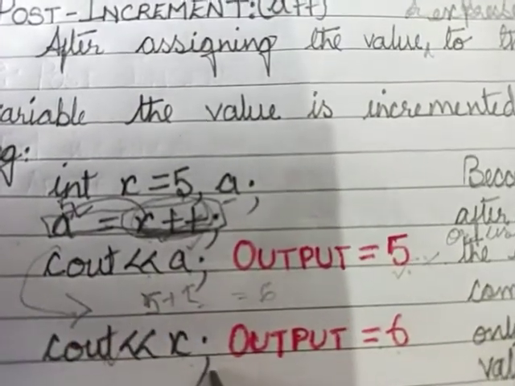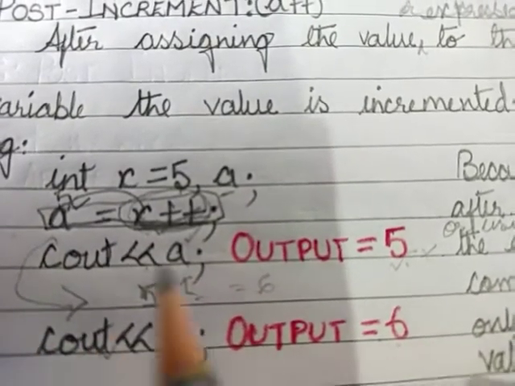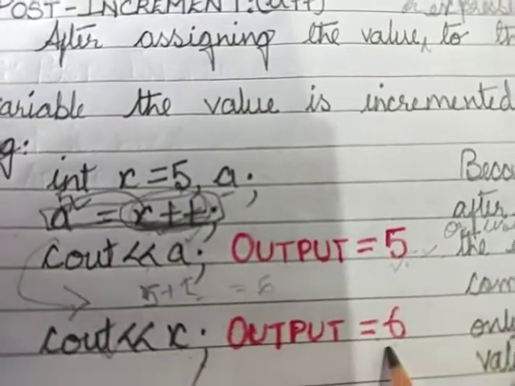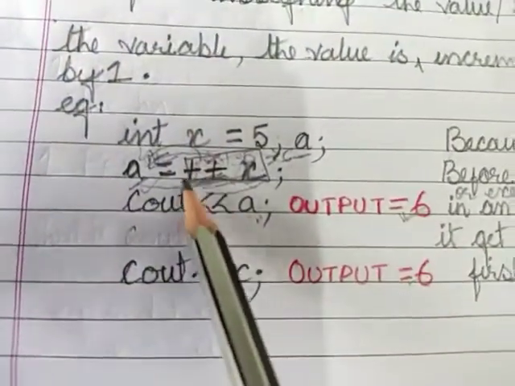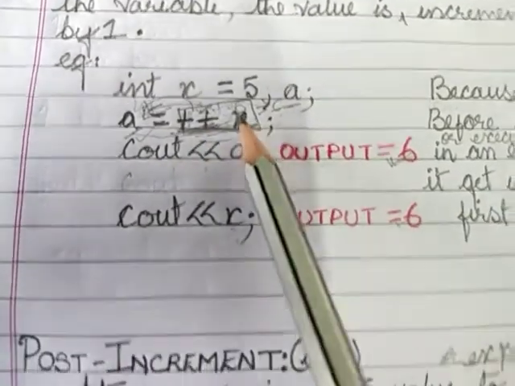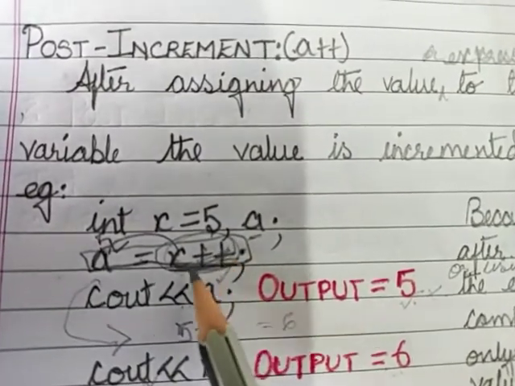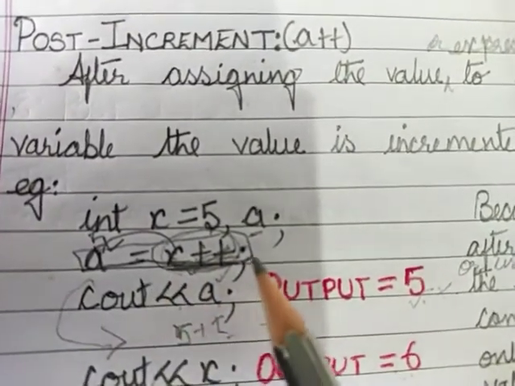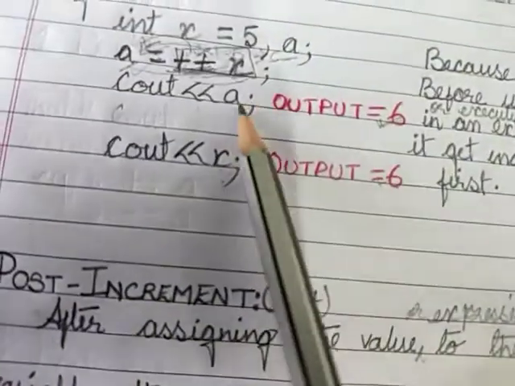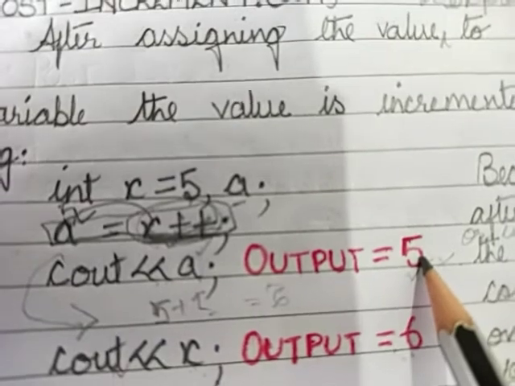But when you come down and check the value of x, the execution of the expression is totally completed, therefore the value of x will be 6. So from here we understand, in pre-increment, before the expression executes, the value of x gets increased. But in post-increment, the expression executes first, then the value of x gets increased. That's why in pre-increment you get the value of a as 6, but in post-increment the value of a will be 5.